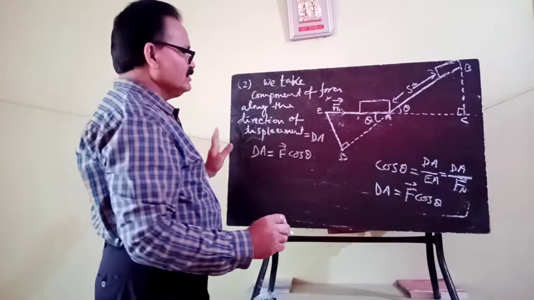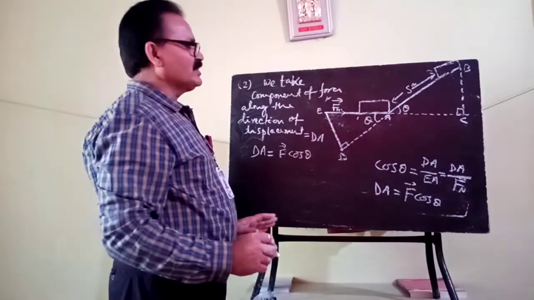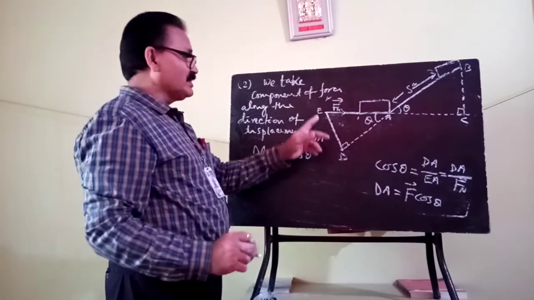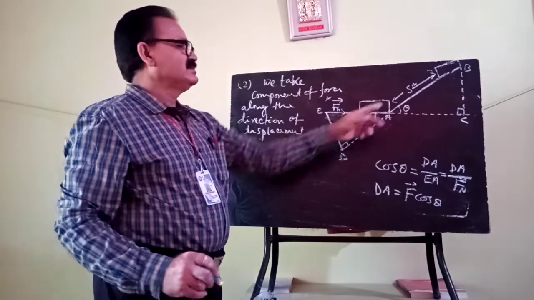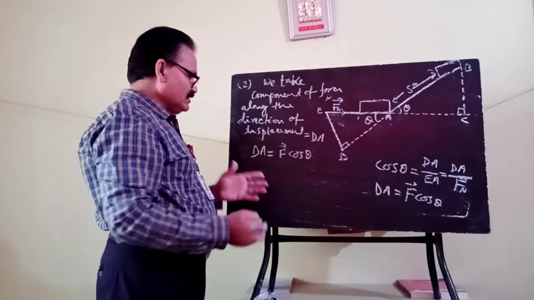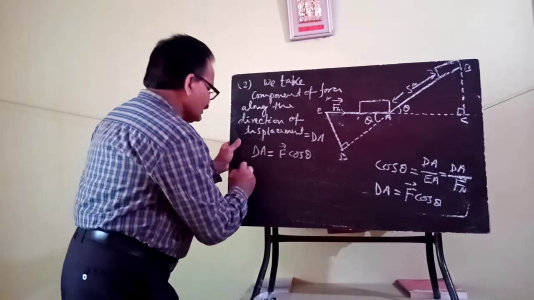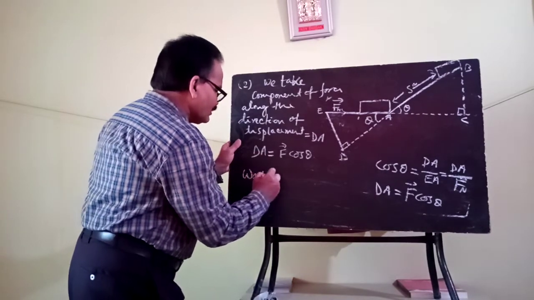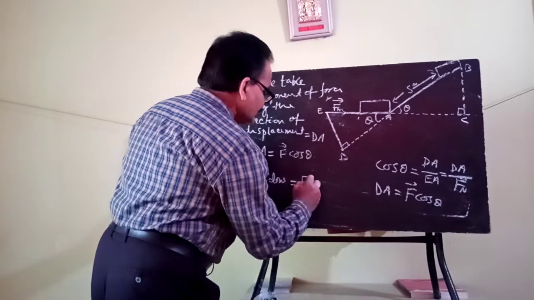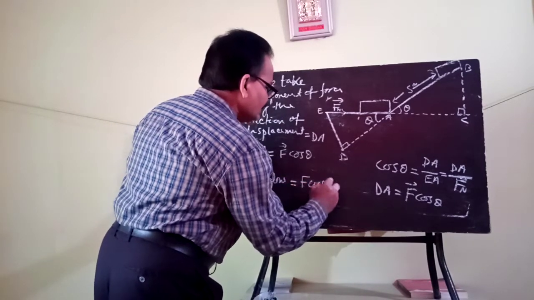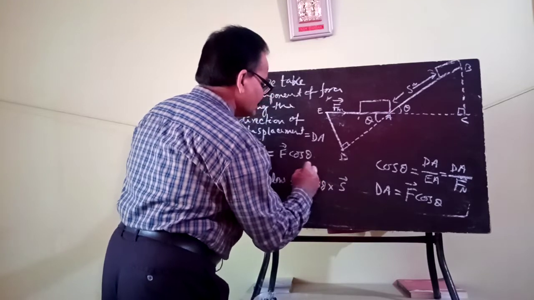Clear? Now, after finding the component of force, and taking the whole displacement, then what will happen? The work done will be the product of the component of force, that is F cos theta, into displacement s meters.